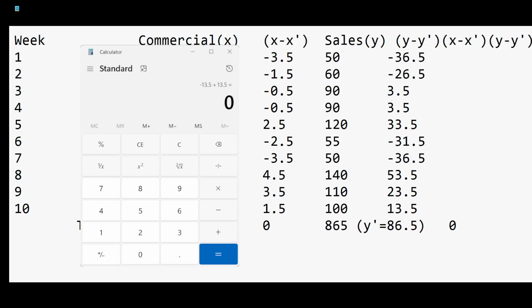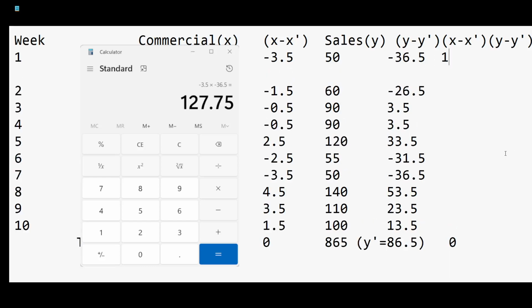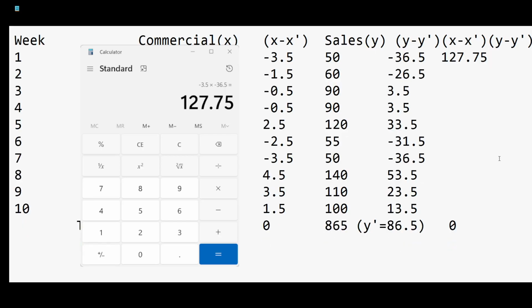So let's try to use a calculator for that. You have negative 3.5 times negative 36.5. Negative times negative equals positive. So the answer is 127.75. Okay.